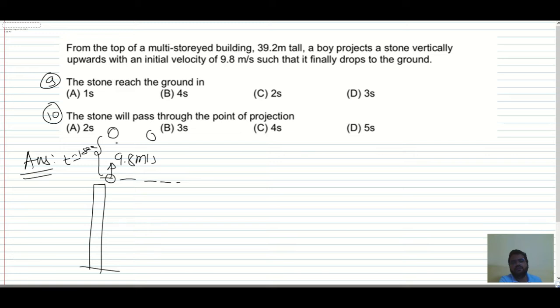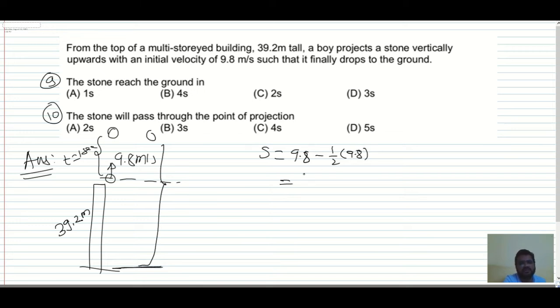At the topmost point it will be 1 second, and the bottommost point is 39.2 meter below the point of projection. The displacement in 1 second: s is equal to ut plus half at square, 9.8 into 1 minus 1 by 2 into 9.8 into 1 square, that is 4.9 meter.